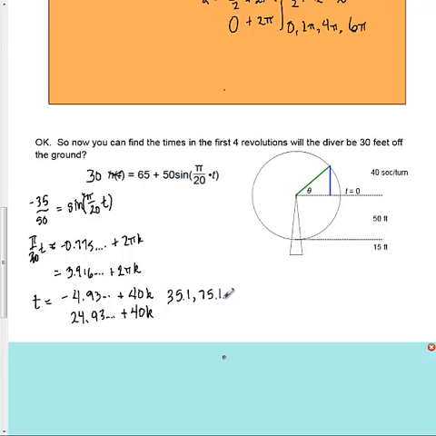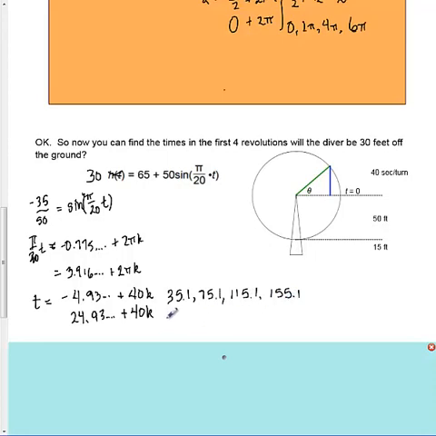So 75.1, add another 40, and I get 115.1, and add another 40, and I get 155.1. And of course, if we were going to round these to 3 significant figures, this one would be 115, and this would be 155.